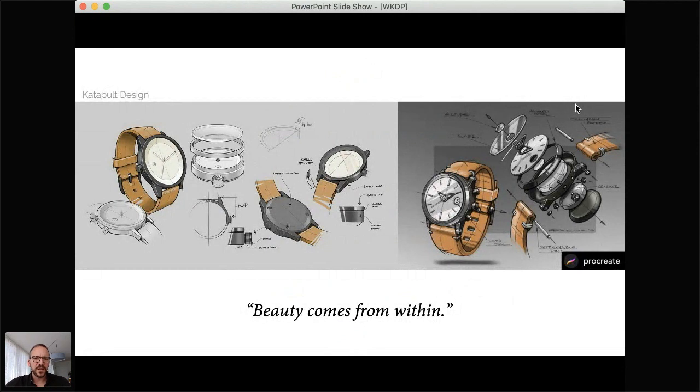So it's the nuances, the way that it operates, the way that it moves, the way that it reacts to what you are doing. It's the way that it's built, how it all comes together, all the different pieces. So in many ways, the common adage that beauty comes from within, I think it's still very much the case for what we consider to be beautiful or elegant products, right?